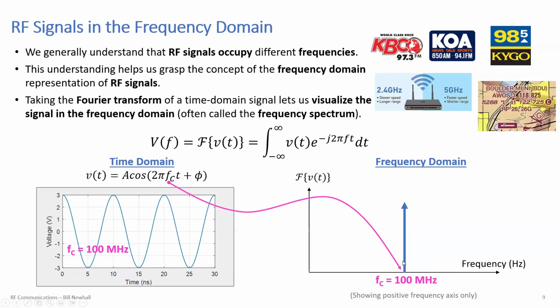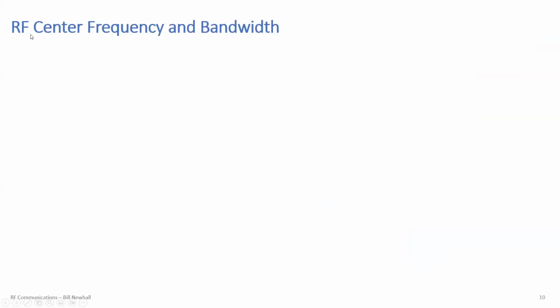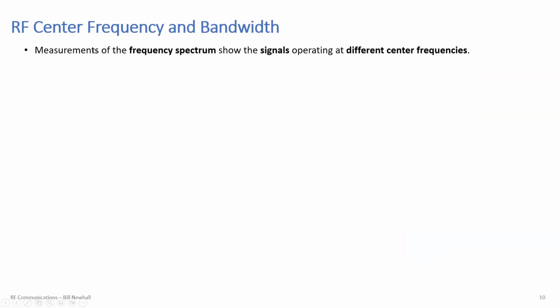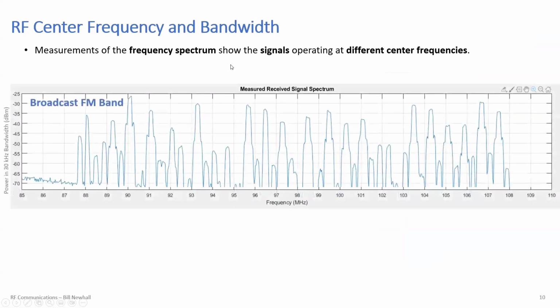So let's talk a little about the RF center frequency and bandwidth. Measurements of the frequency spectrum show RF signals operating at different center frequencies. So here is an actual measurement through an antenna using a spectrum analyzer of the broadcast FM band. And I'm pretty sure that was probably in Boulder or Longmont, somewhere around here. But you can see the frequency spectrum received from the antenna.